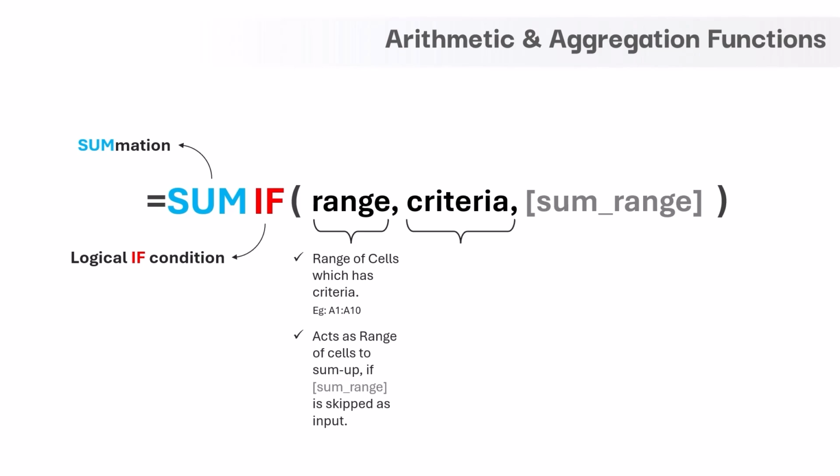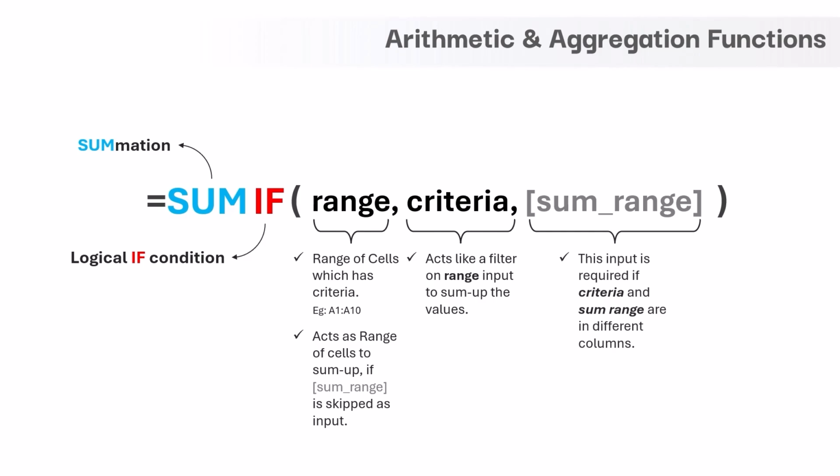The second argument is the criteria, and as the name itself says, this is the logical criteria which will act as the filter or a condition on the range input to sum up all the values. The third optional argument is the sum range, and this input is required only if the sum range and the criteria are in two different columns. Let's go back to Excel and see some examples.